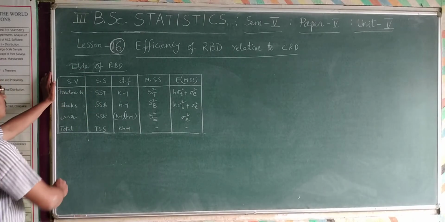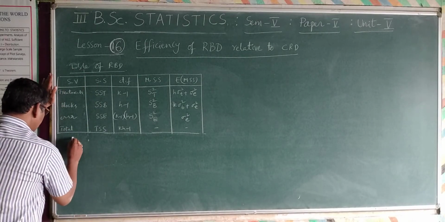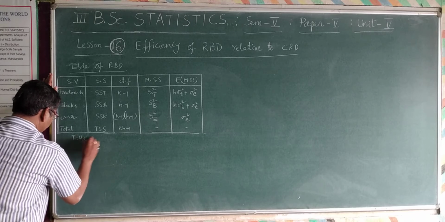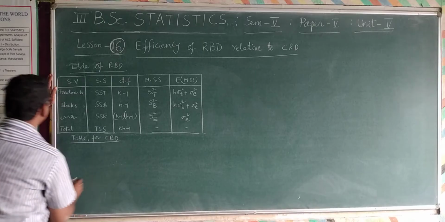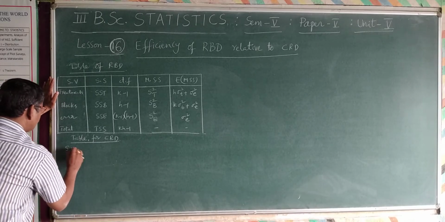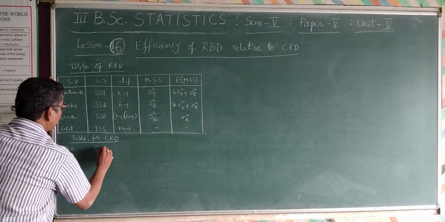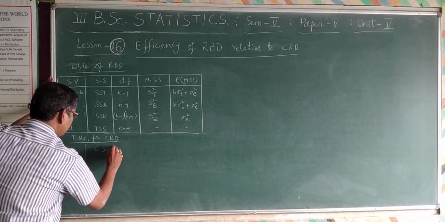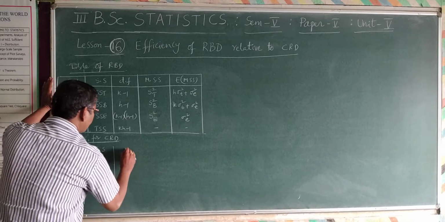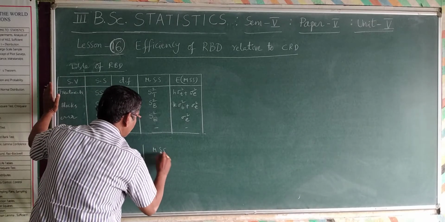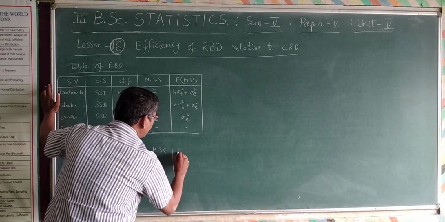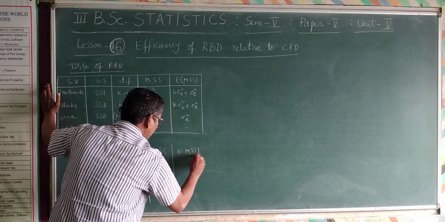In CRD, this is the table for CRD: source of variation, sum of squares, degrees of freedom, mean sum of squares, expectation of mean sum of squares.